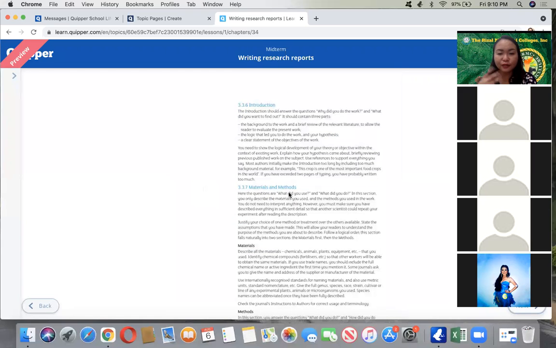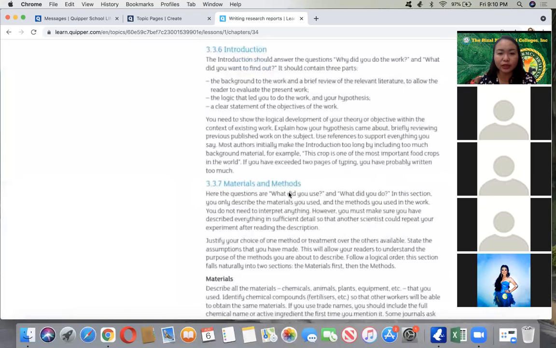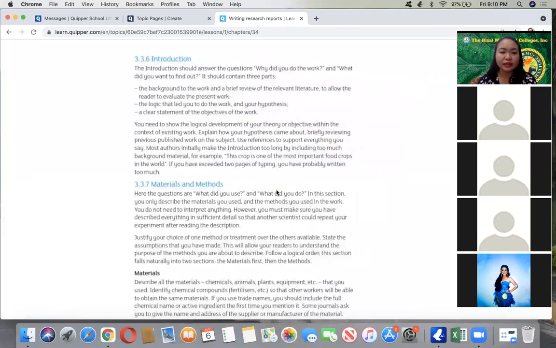After the keywords, you are going to write the introduction. The introduction usually answers the question: why did you do the work? And what did you want to find out? So it's like the rationale, in other words. Again, it has 3 parts: background of the work and a brief review of the relevant literature.